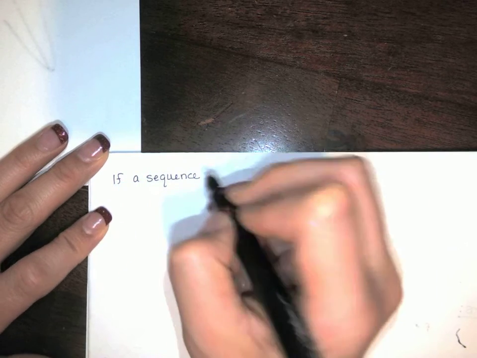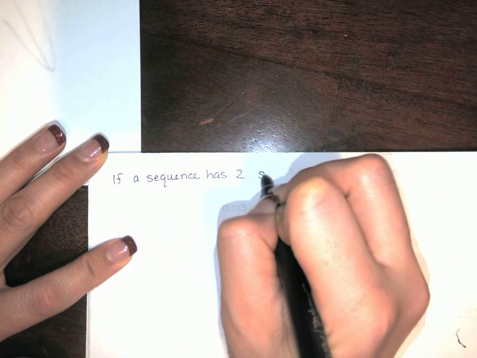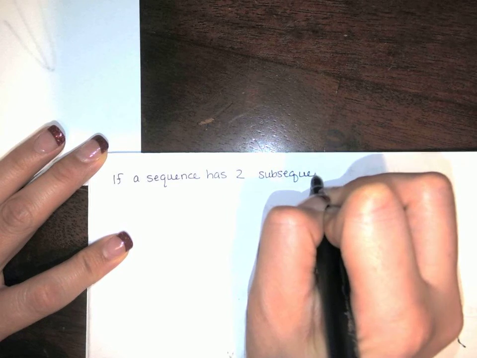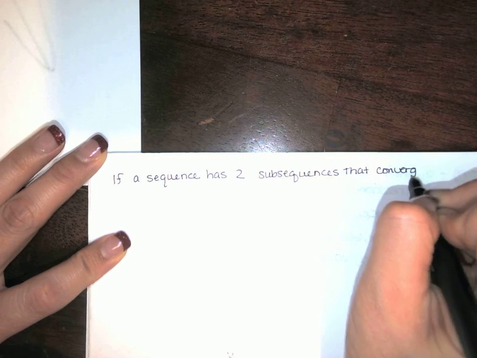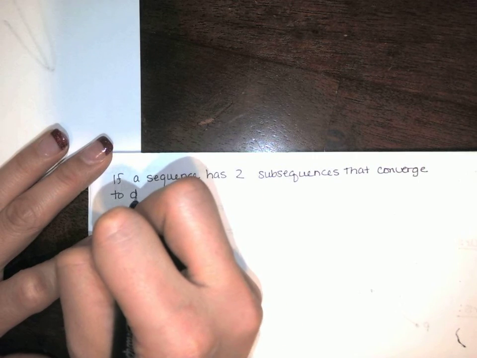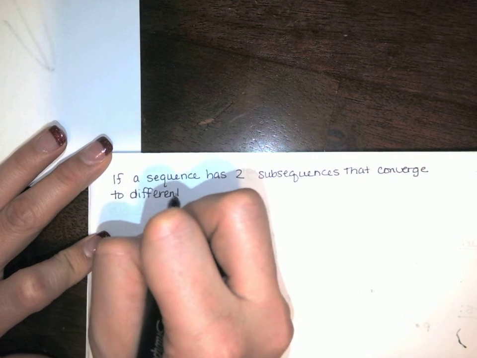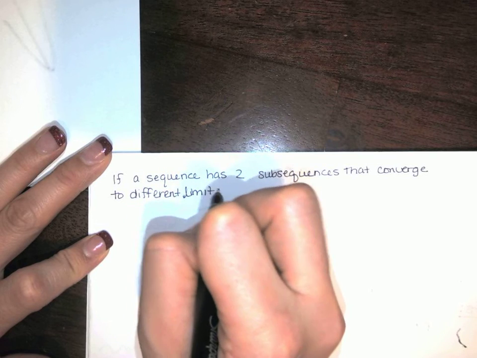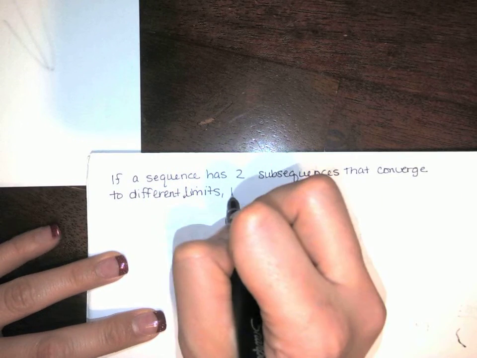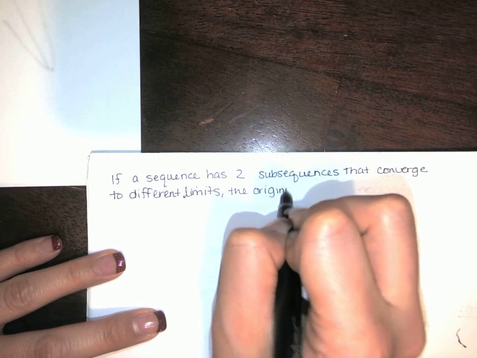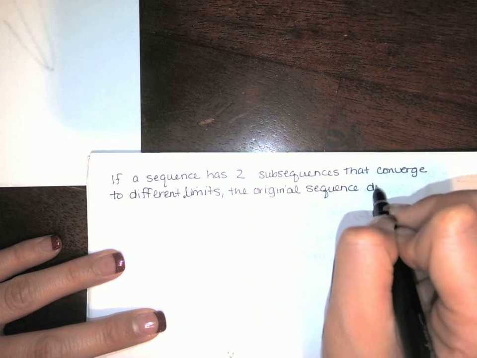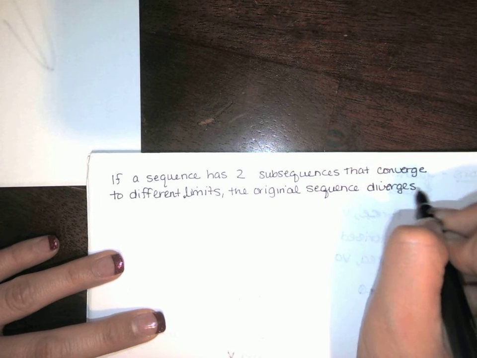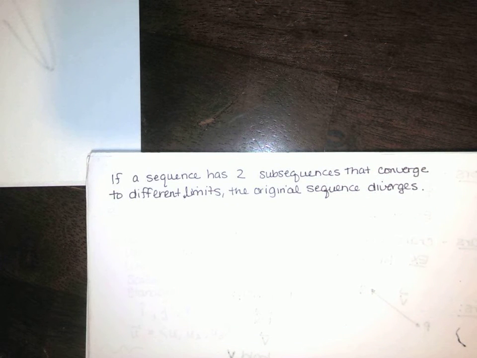If a sequence has two subsequences that converge to different limits, the original sequence diverges, because you can't have two limits, you only get one. Okay, so keep that in mind.